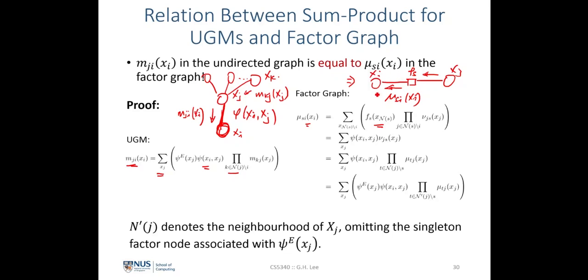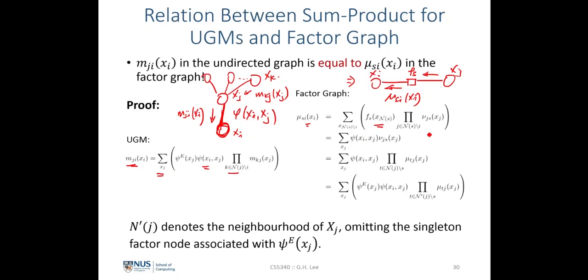Since we are saying that the factor graph we are representing here should be the same as the two-node undirected graphical model that we have seen earlier in this undirected graphical model proof, this means that the neighborhood of fs except for i itself should only contain the random variable xj.